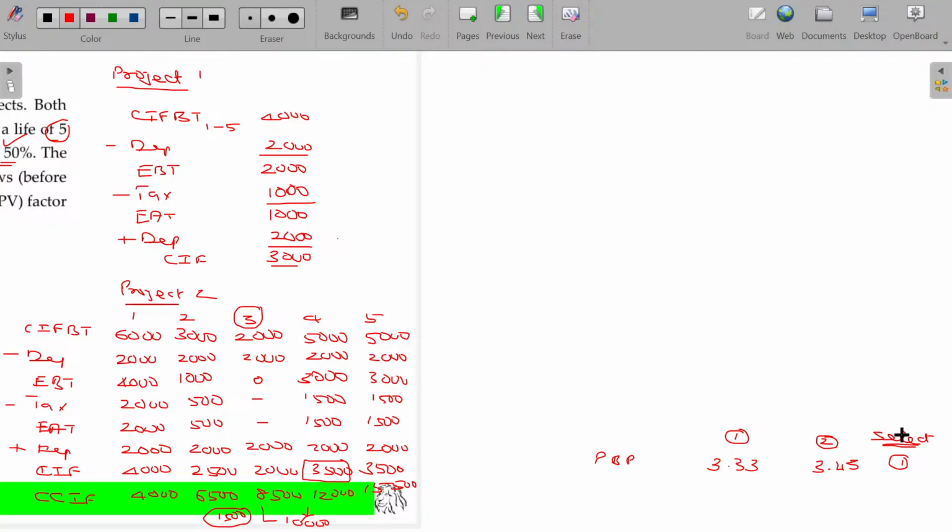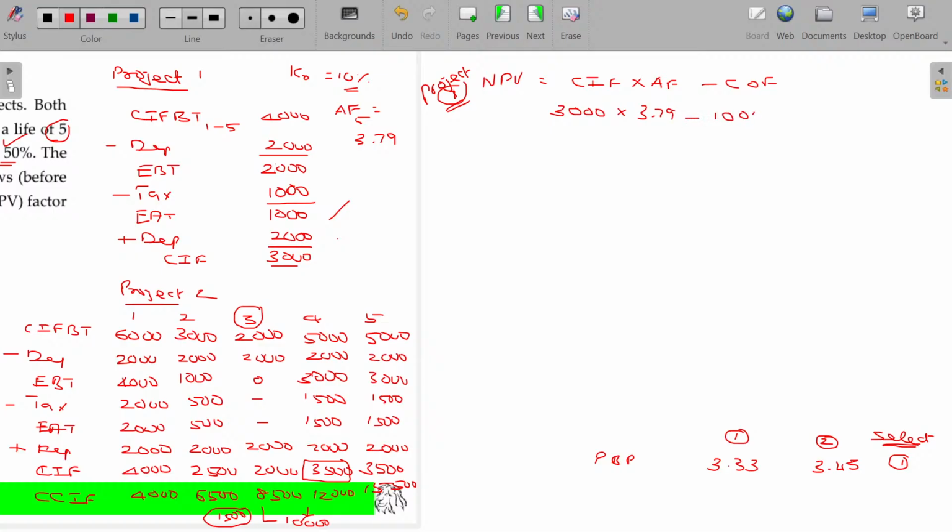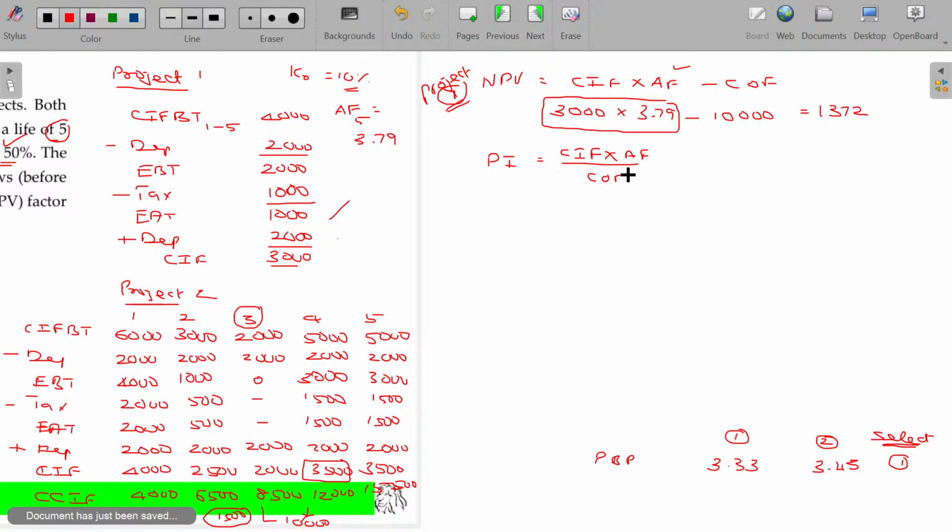Now for NPV calculation, 3.79, cash outflow being 10,000. So the NPV being 1,372. Okay, this value is 11,372. PI is nothing but discounted present value, meaning discounted cash inflow will be the numerator, divided by cash outflow.